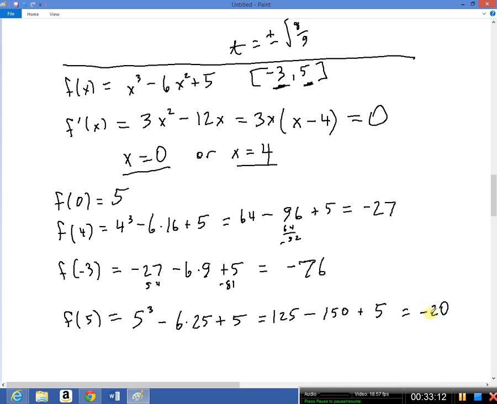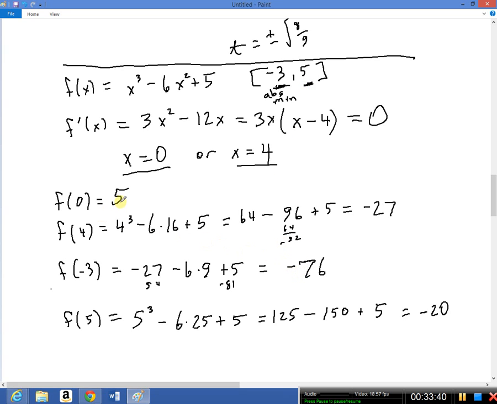But now you just compare these answers. Minus 76 is obviously the most negative of all of these. So this is the winner. Negative 3 is the min, and this is an absolute min. There is no smaller point than at negative 3. All right. And then, where's the other one? What is the biggest that this thing gets?